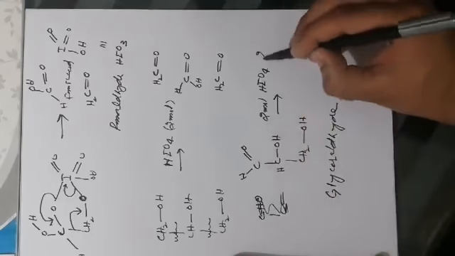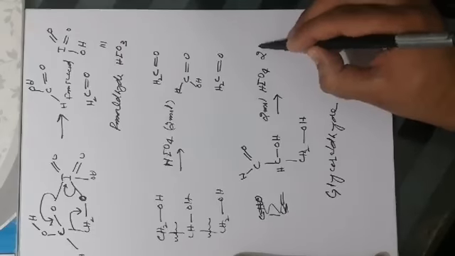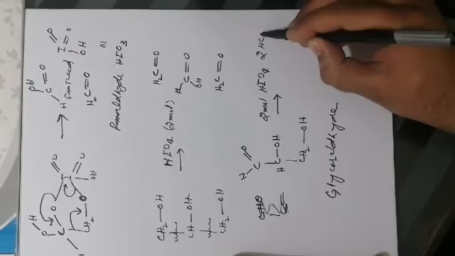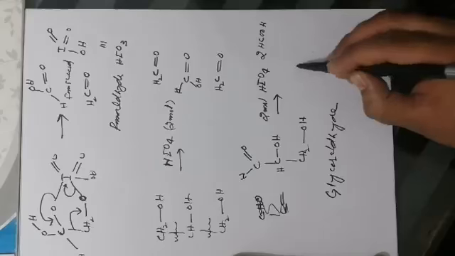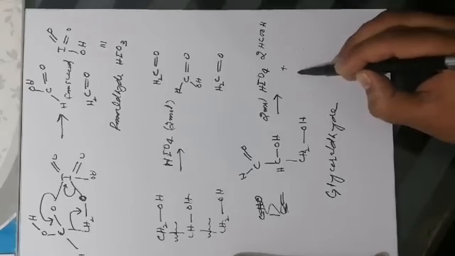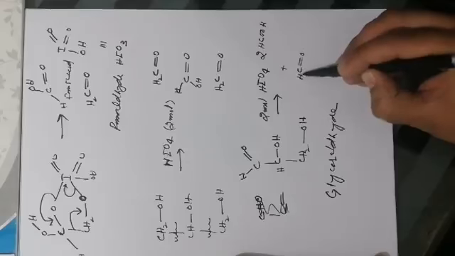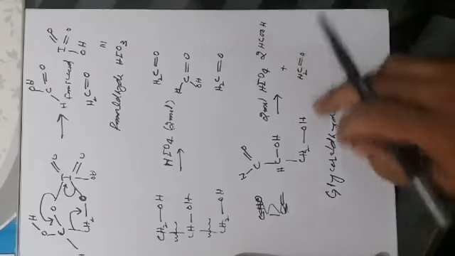So you will get two molecules of formic acid, HCOOH, and one mole of formaldehyde. These will be the products.